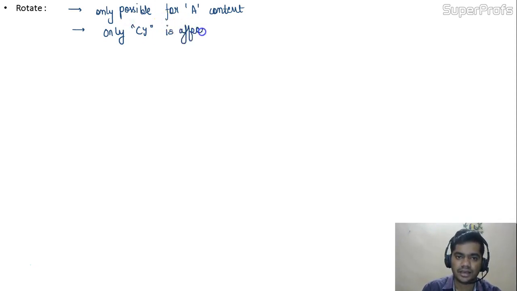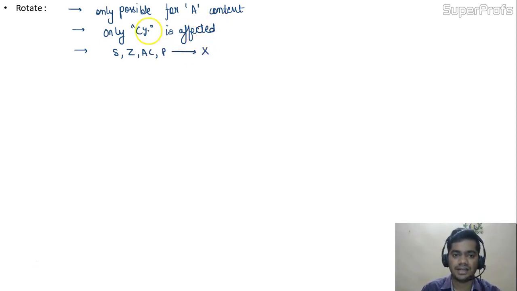There are some points regarding it. The rotation operation is only possible with the contents of the accumulator. So only for the content of the accumulator can we perform the rotation operation, and only the carry flag would be affected. Sign, zero, auxiliary carry and parity would not be affected. That is, whatever data they are storing, they would retain it.